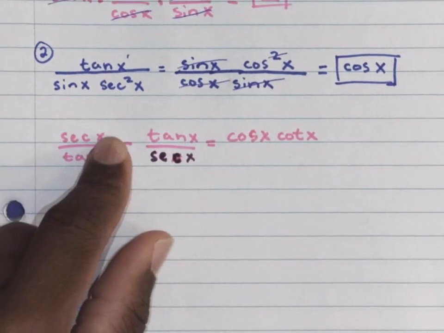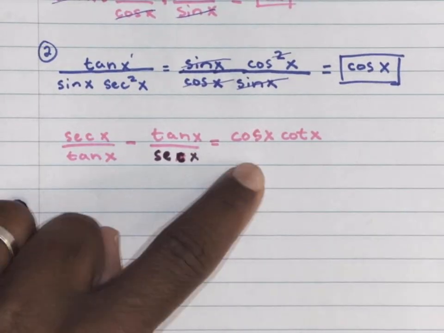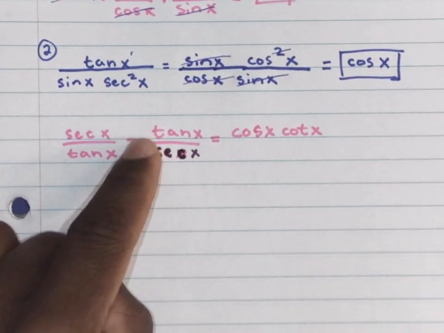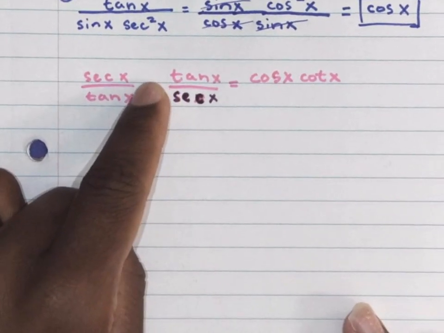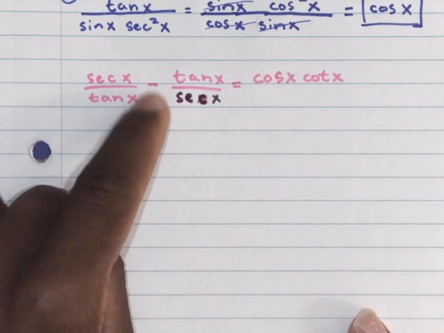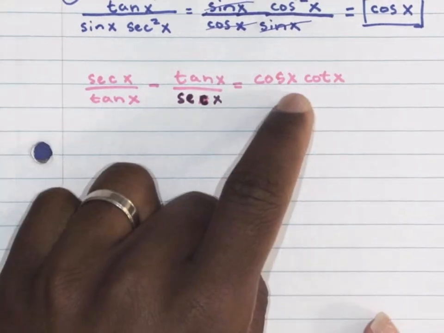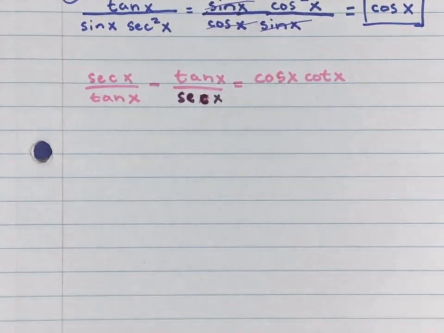All right, so we basically want to verify that this does equal this. And by verify, it means, show me how in the world we go from what we have on the left side to being able to equal what we have on the right side.